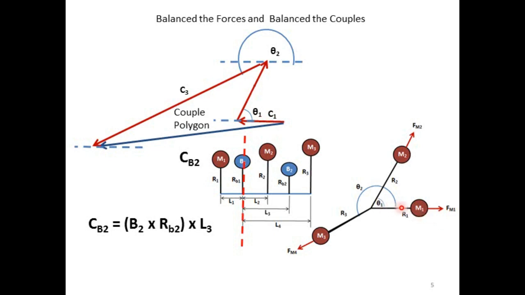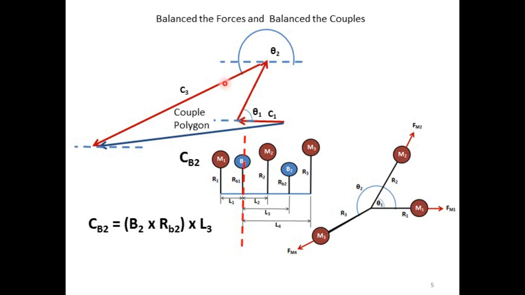As you can see, the couple C1 is on horizontal, so there is no angle theta. The angle theta 1 is for the couple produced by mass m2, or Fm2, and the angle is theta 1, and the magnitude of couple 2 is represented by an arrow that starts from here, ends at there.